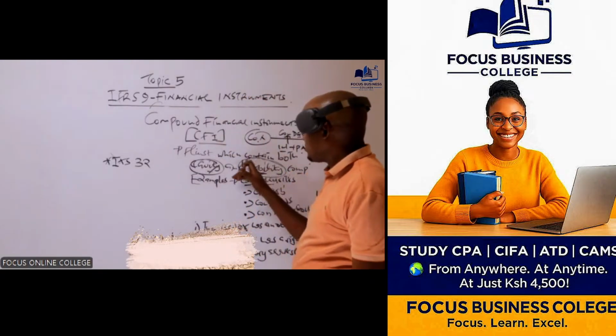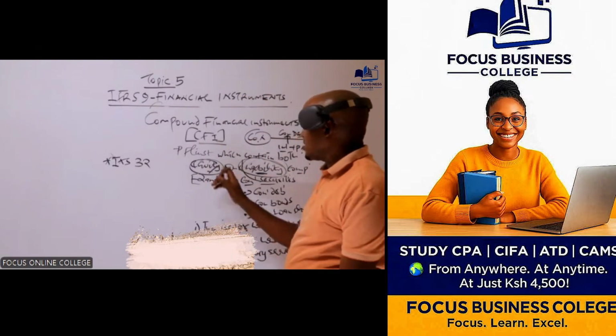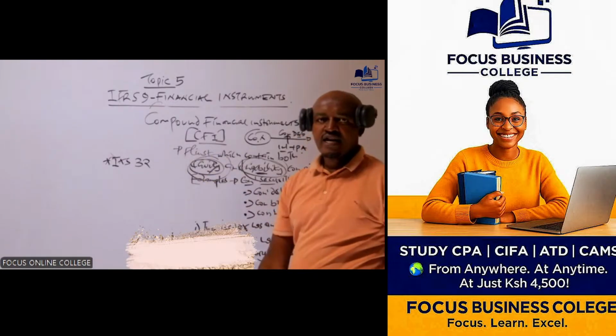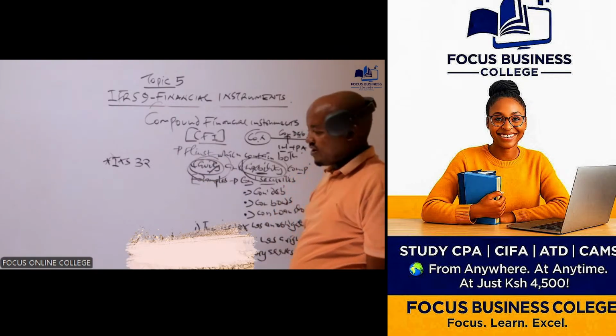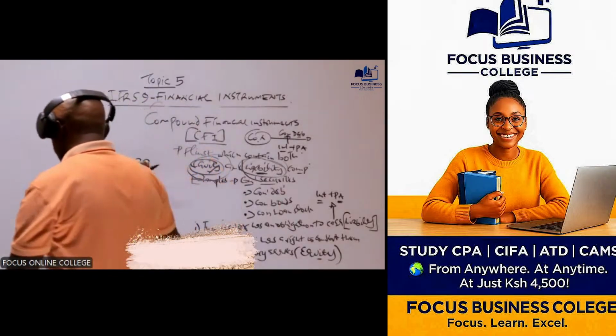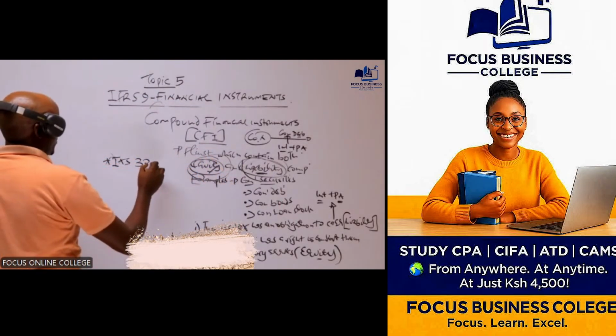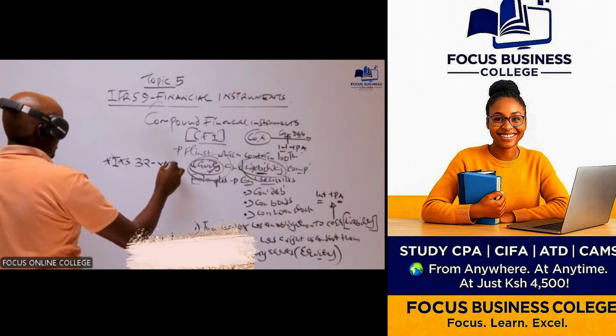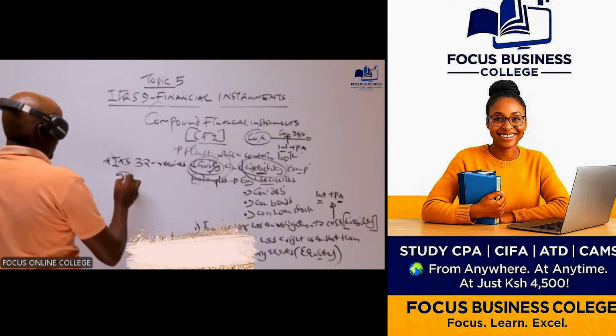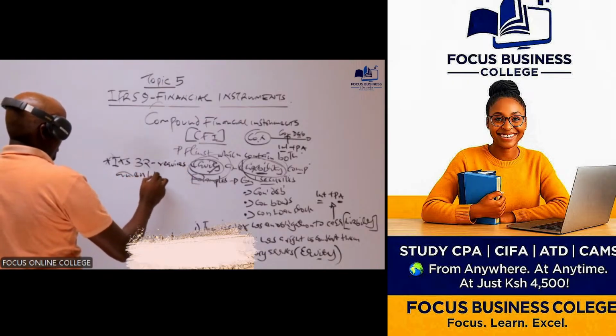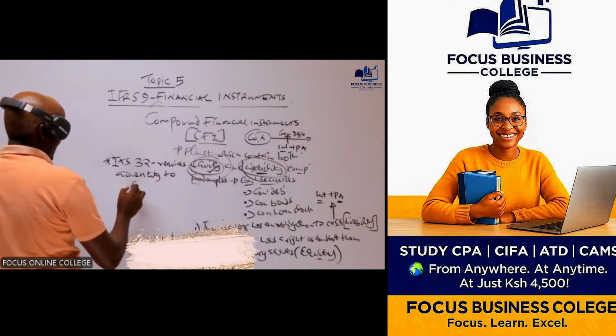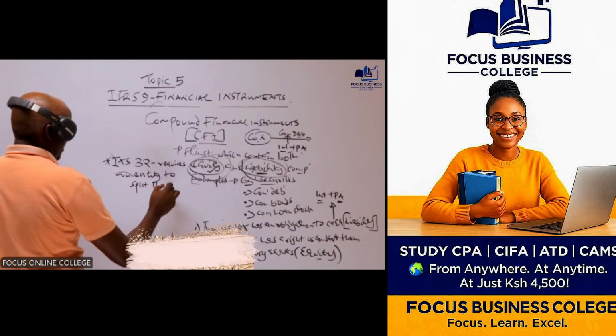The company should split the equity component and the liability component and account for them separately. So therefore, this standard, IAS 32, requires an entity to split the two components.